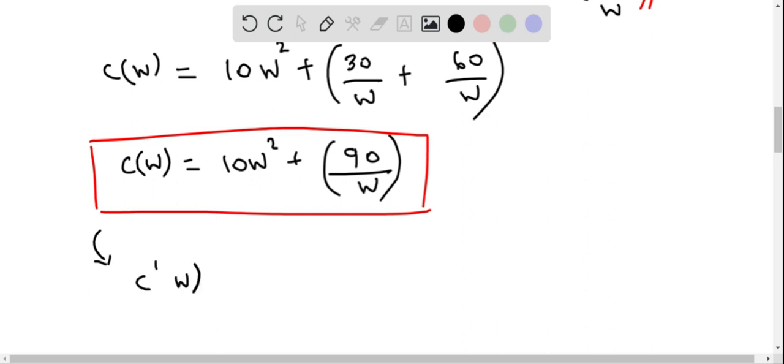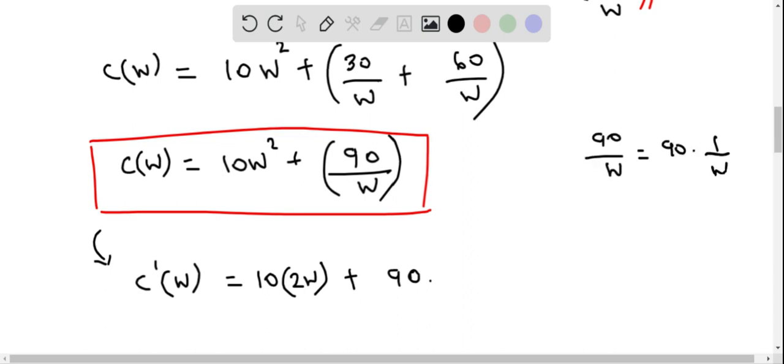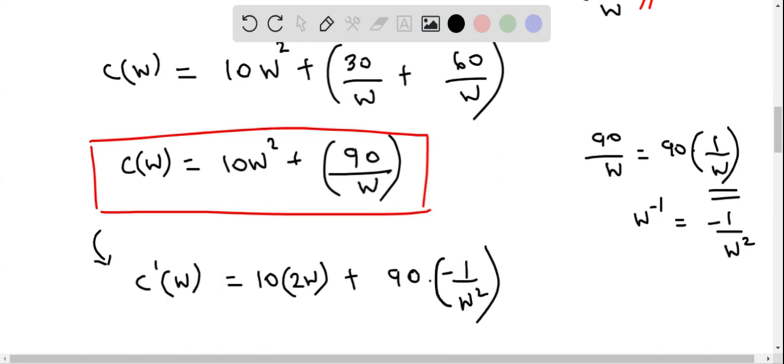C prime of W is equal to 10 times the differentiation of W square, which is 2W when you apply the power rule. And similarly, I can write the 90 by W as 90 times 1 by W, and then I have to differentiate only the 1 by W. If you convert to power and then apply the power rule, it will come out as negative 1 by W square.